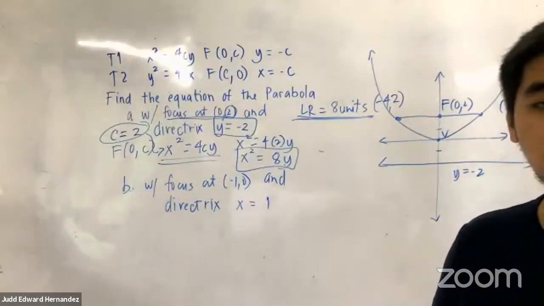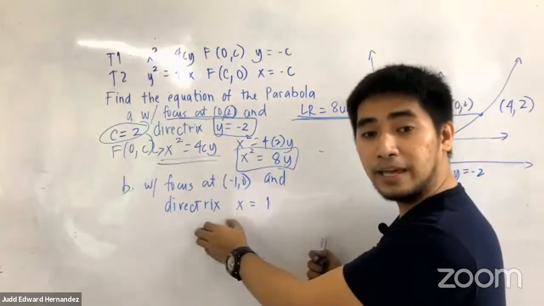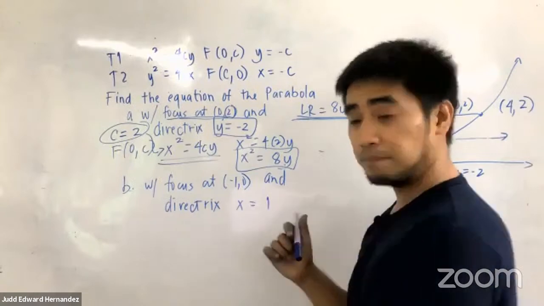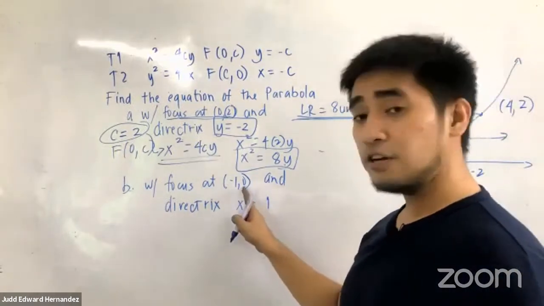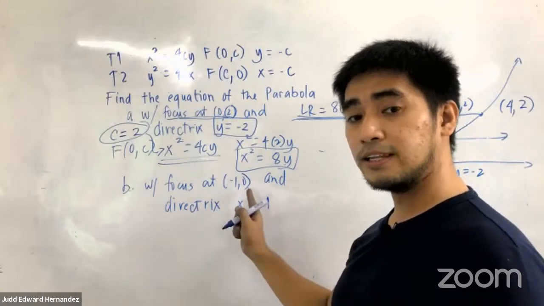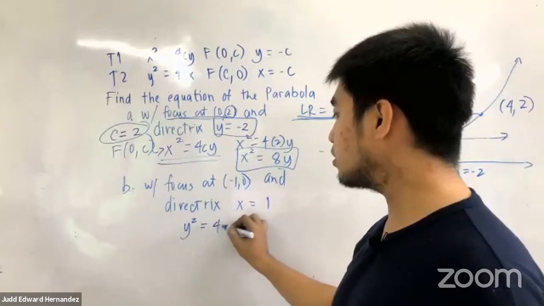Okay. So, sige nga. Gusto ko isang tingin pa lang dun sa problem, ibigay na agad sa akin yung equation kasi paulit-ulit natin ginagawa. If this is the case, ano yung coordinate na nag-0? Y. This is the equation, y squared is equal to 4cx.